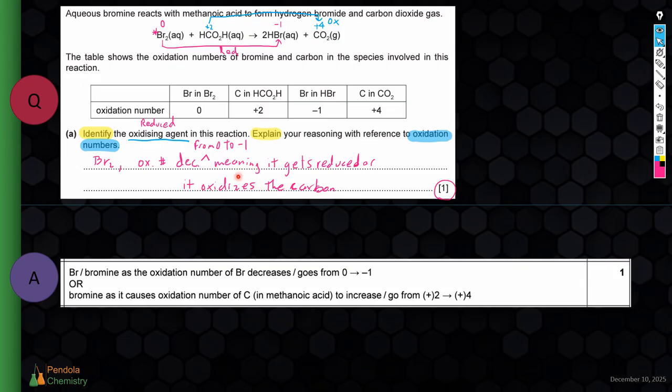So there's a couple different approaches to how you could answer this that would make sense. The important part here is getting the right chemical, making sure that you mention the oxidation number changes and being specific if you're able to, and making sure that you're addressing what either bromine is doing or what it's undergoing.